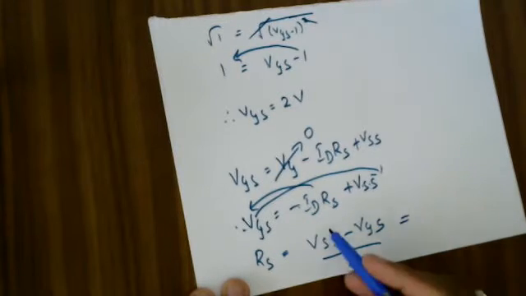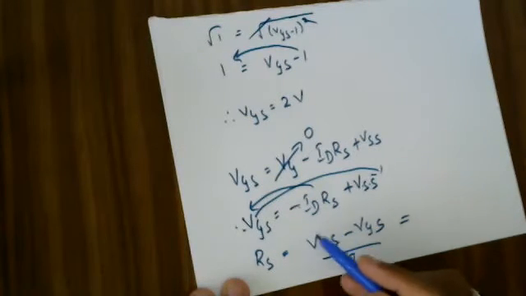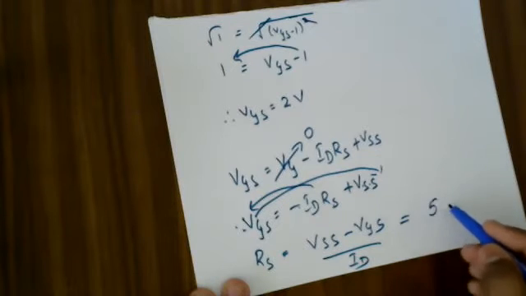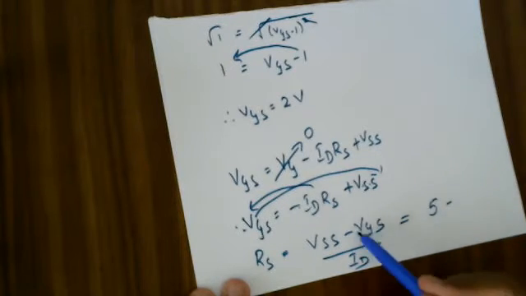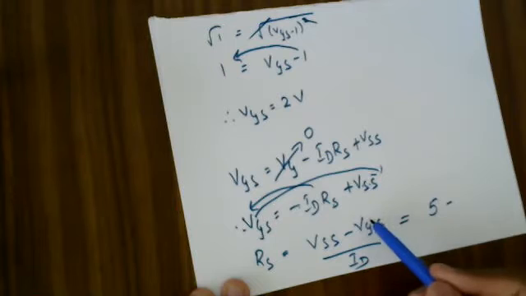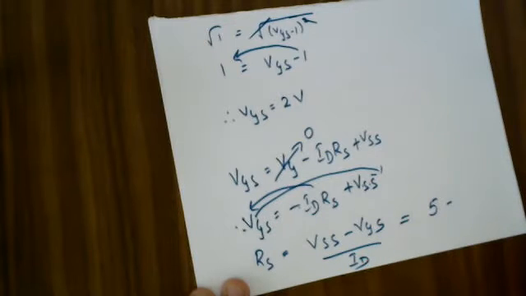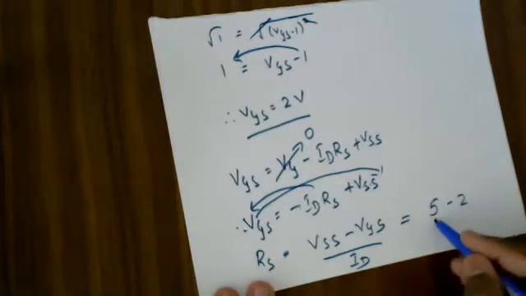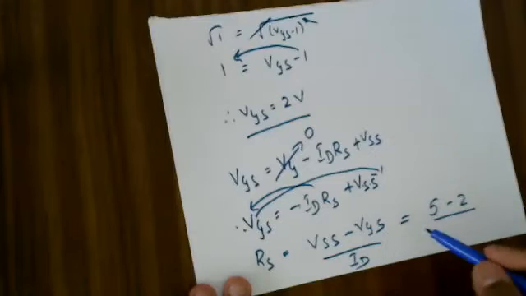Then what's the value of VSS? The value of VSS is 5 volts, right? Minus what's the value of your VGS? The value of your VGS is found to be 2 volts, if you were able to compute it. That is divided by the value of ID.